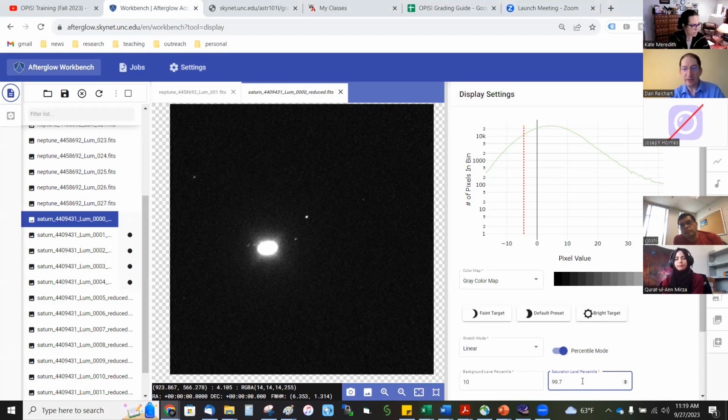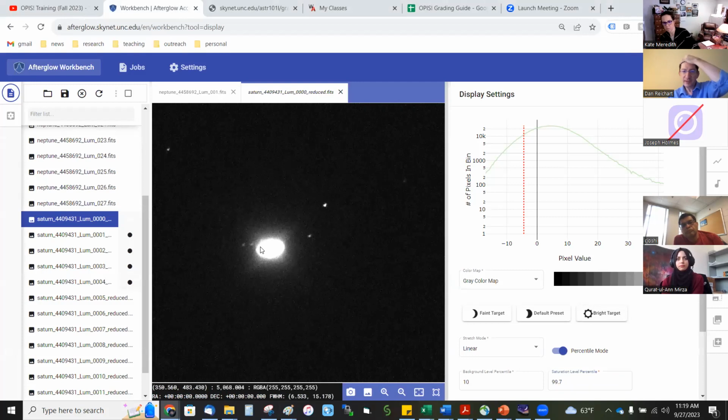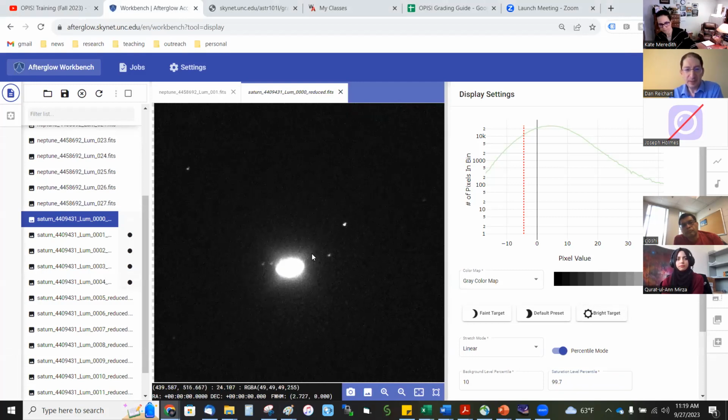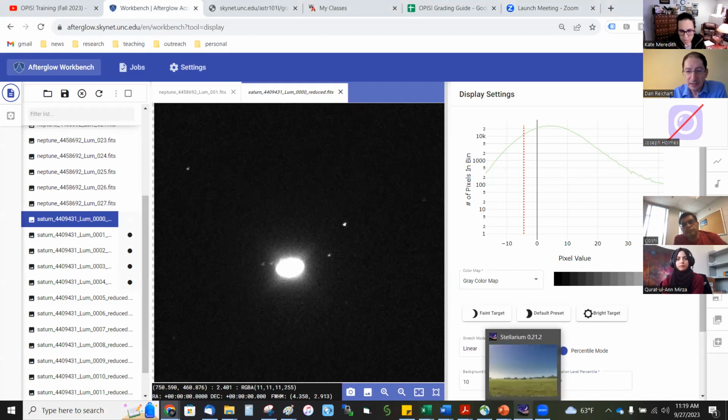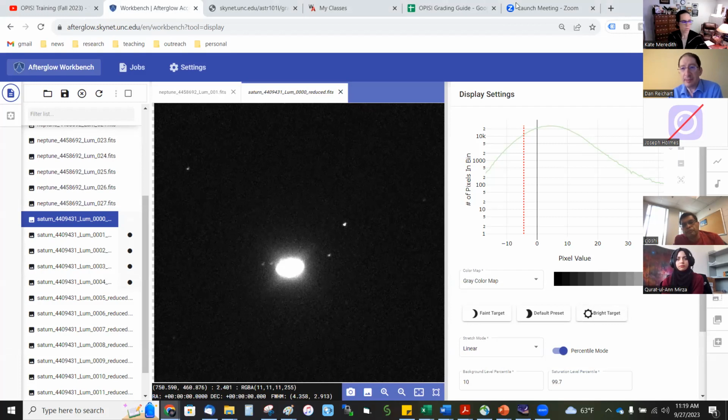I could probably go a little bit farther and see if I could pull any moons out of the glow in there. But there we go. Okay. And which one is Titan? Well, we'll use Stellarium for that. But again, the things they're recording are the time of the observation and the angular separation between Saturn and whichever one of these is Titan.